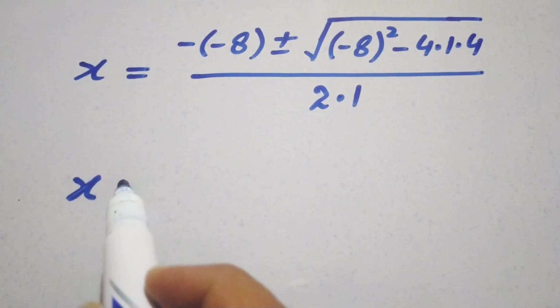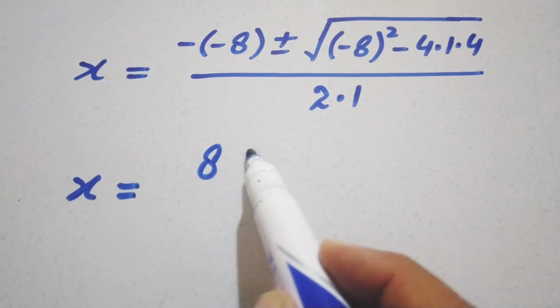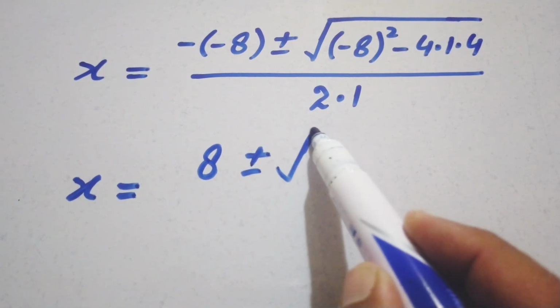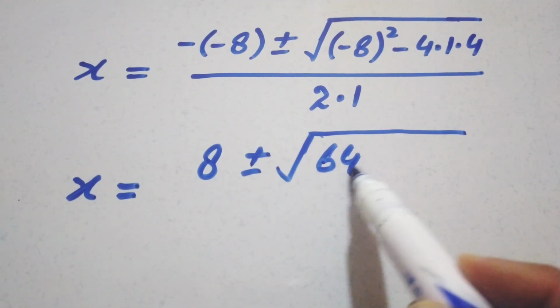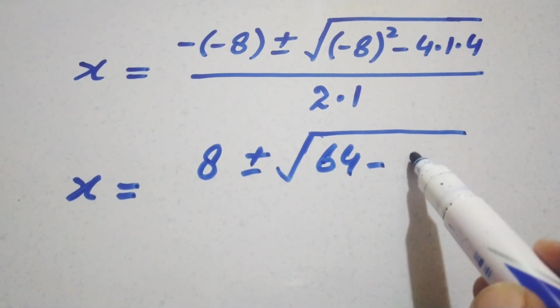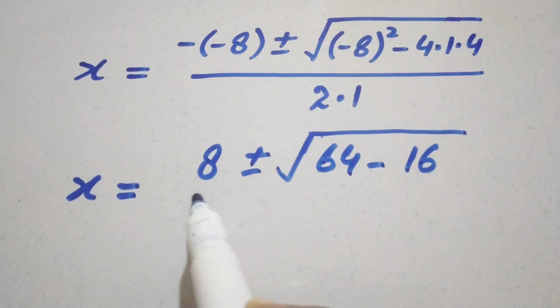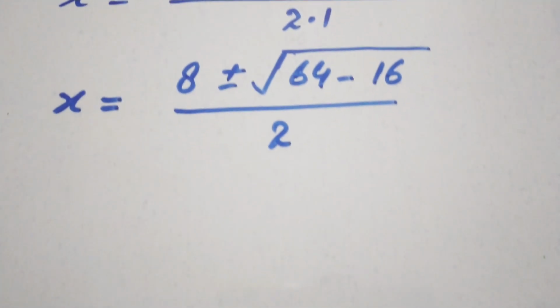Now x is equal to minus multiplied by minus, this is plus 8 plus minus square root of minus squared which is plus and 8 squared which is 64 minus 4 multiplied by 1 which is 4 and 4 multiplied by 4 is 16, divided by 2 multiplied by 1 which is 2.